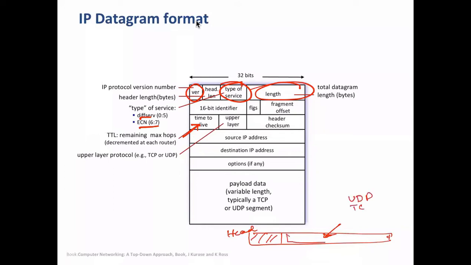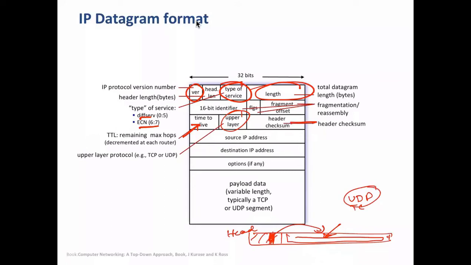Then these packets will come inside, right? But looking at the header, you should know what is contained inside. So this is the upper layer field here. These bits will tell what is inside. Only then can you interpret it, right? So this upper layer field will tell whether inside is TCP, UDP or some other protocol.